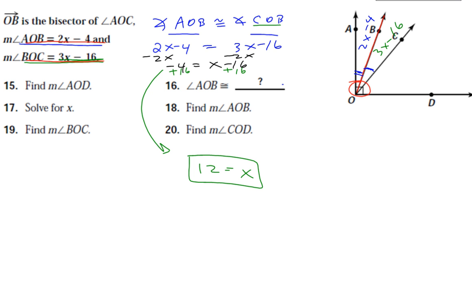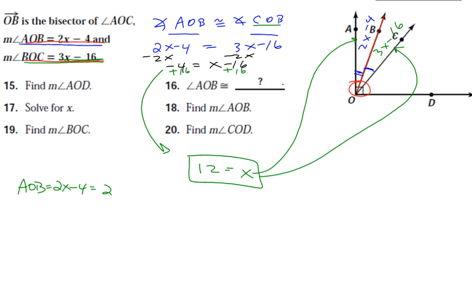Let me substitute 12 in for each of these x values and find out what those angle measures are. Angle AOB and COB. Okay, so let's see. So AOB is 2x minus 4, which is equal to 2 times 12 minus 4, which is equal to 24 minus 4, which is equal to 20 degrees.